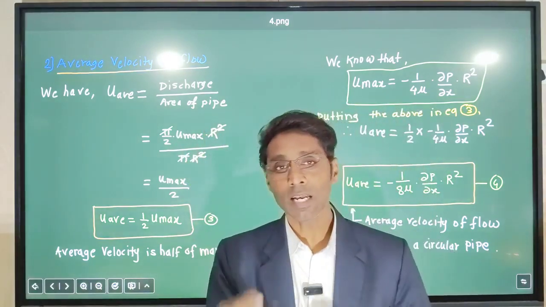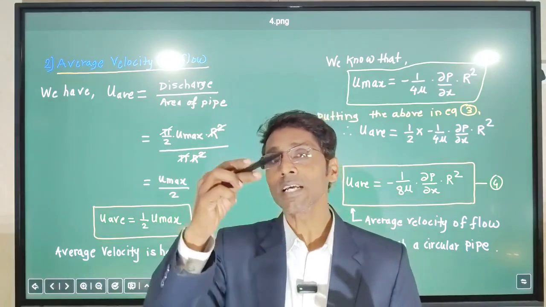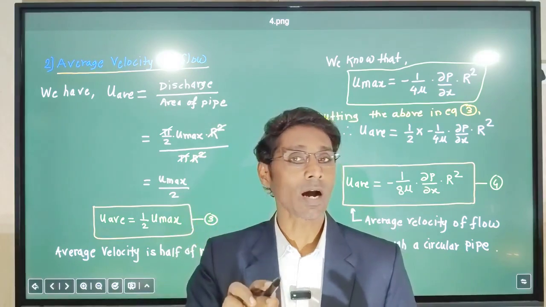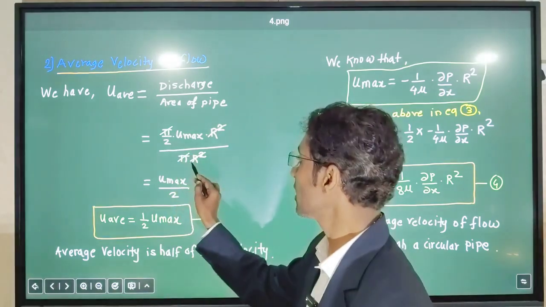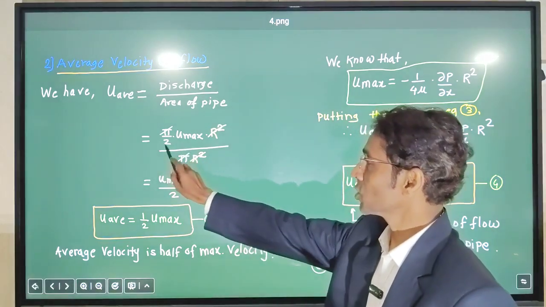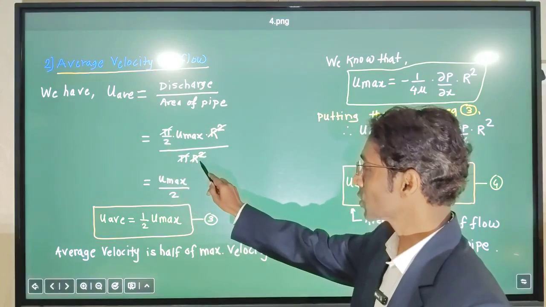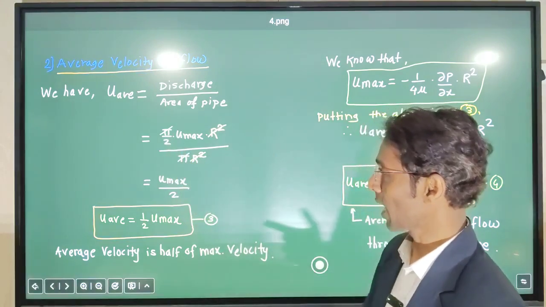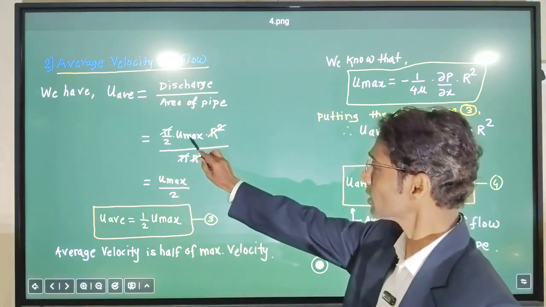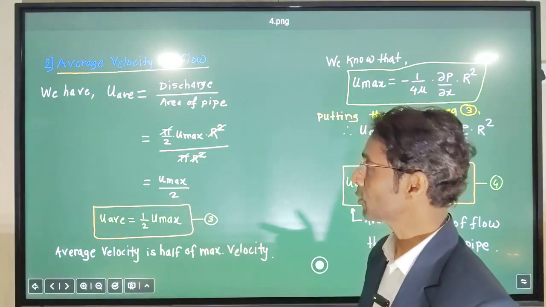Area of a fluid element: there we have seen that the radius of that fluid element is capital R. For the circle, area is pi into capital R square. So here, cancellation of the terms, this pi with pi, this capital R square with this capital R square. The rest of the terms, here we write u max divided by 2.